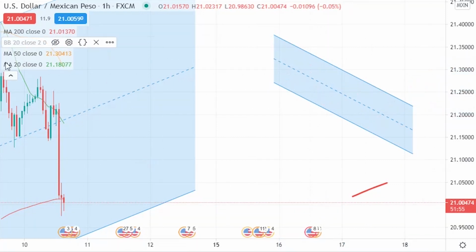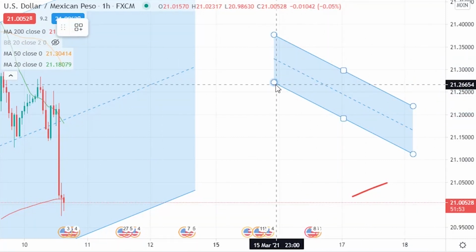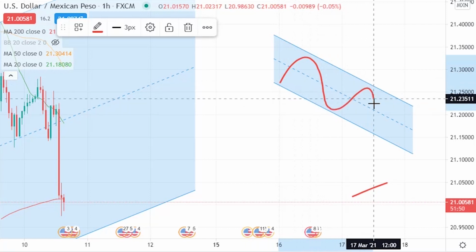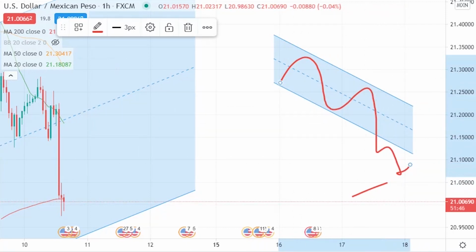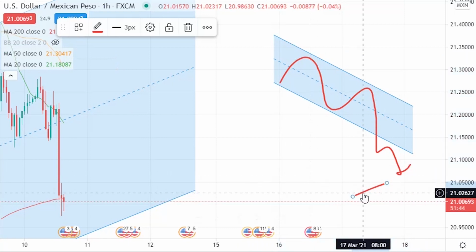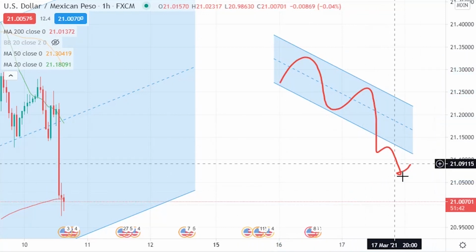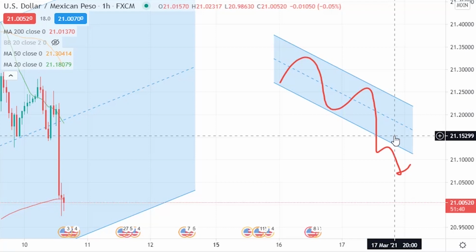So that would be a long one, or we can look at short as well. And I don't know where this line is from. So that's the idea of the breakout and retest and kind of what they look like and what we should be seeing. So let's jump into a few more things about it.